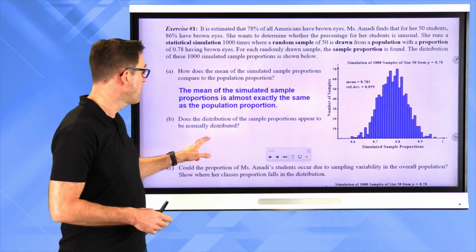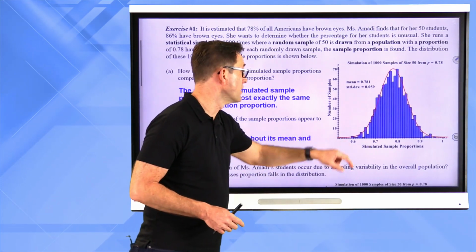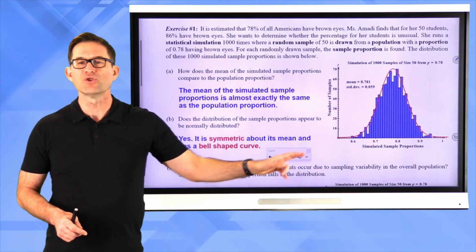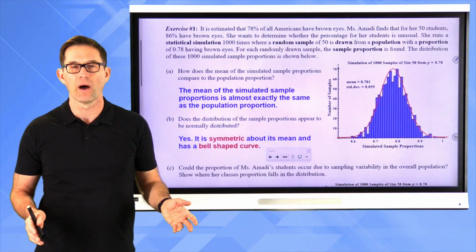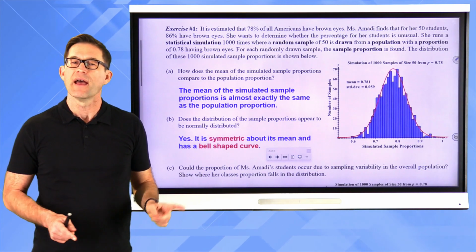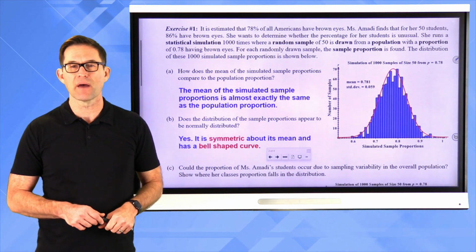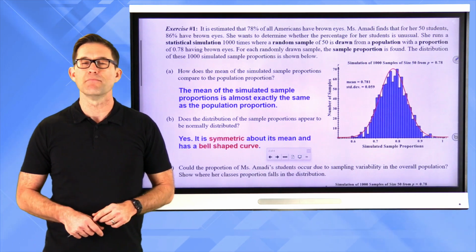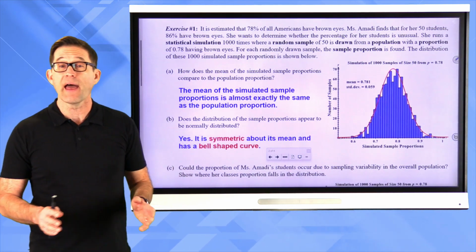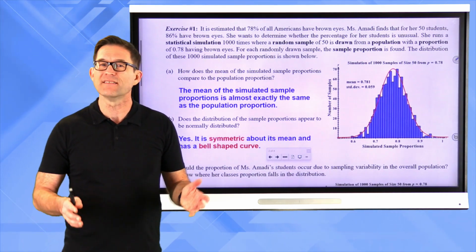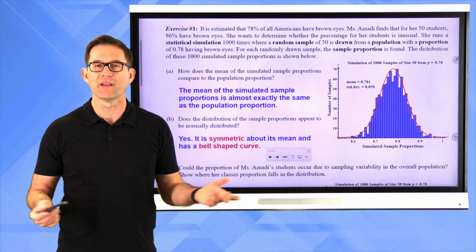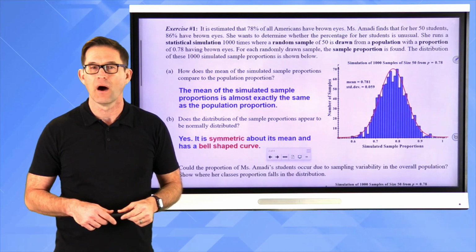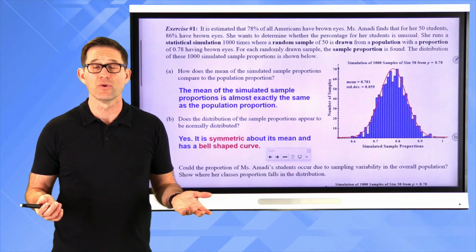All right, I'm going to say, yeah, most certainly, right? And again, if I superimpose a normal curve on that, boy, does that fit well. It really does. And so the answer is yes, it is symmetric about its mean, and it has a bell-shaped curve. And what's really cool is that in theory, if I didn't do the simulation 1,000 times, let's say I did it 1,000,000 times, 1,000,000,000 times, it's a computer doing this, why not?